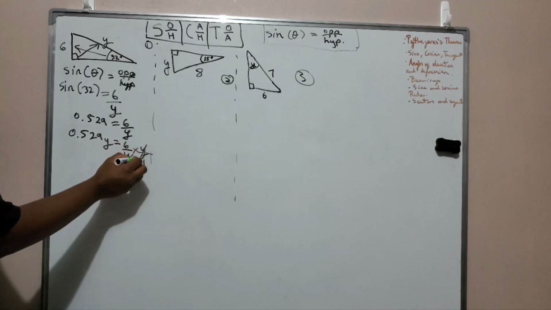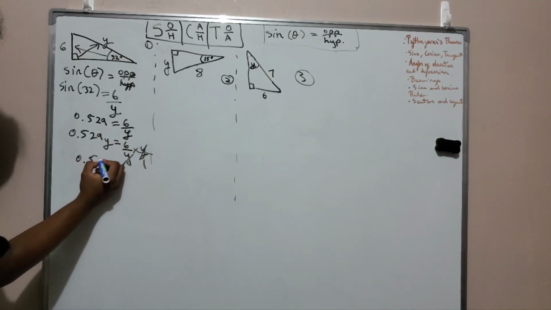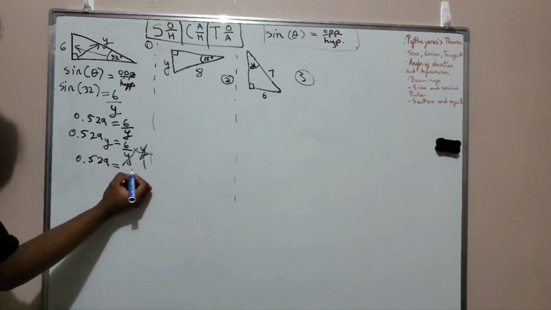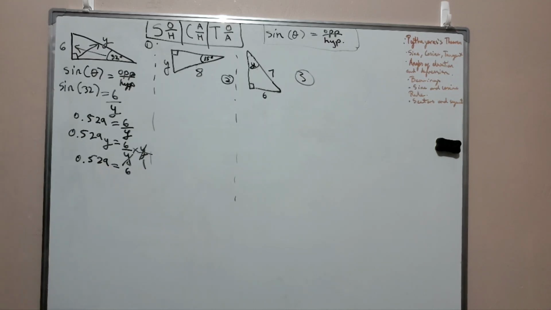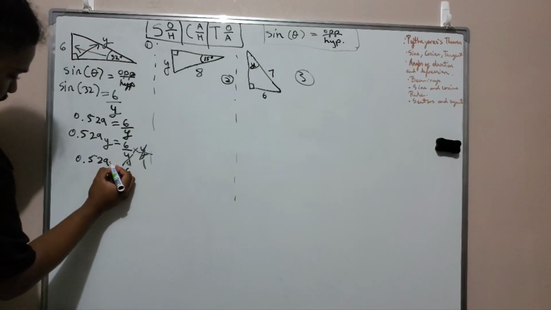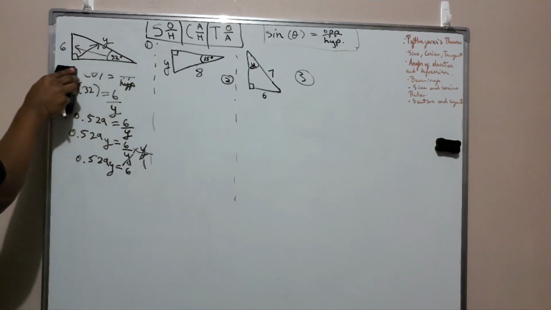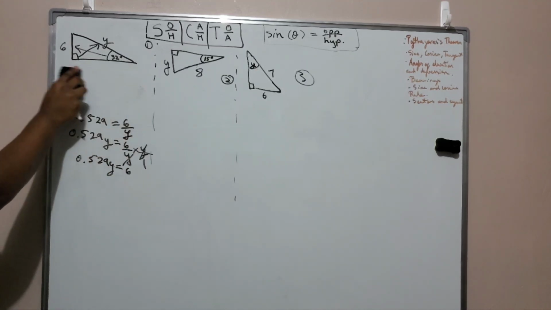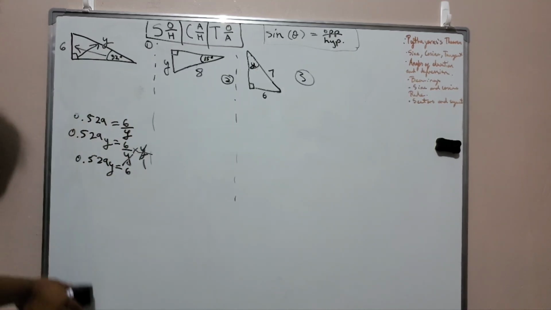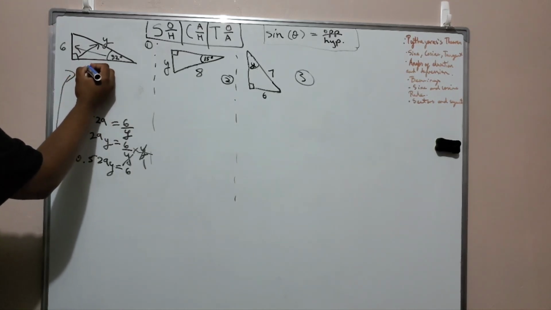Cancel out this y with this y, and you're just left with 0.529y is equal to 6. From here, we just divide both sides by 0.529 to get y alone.